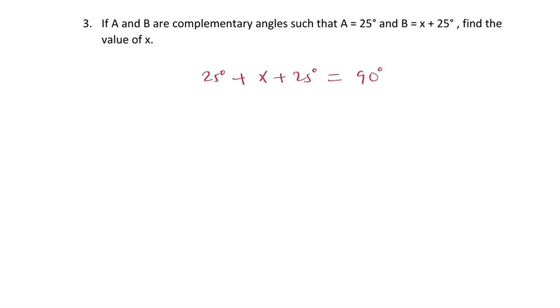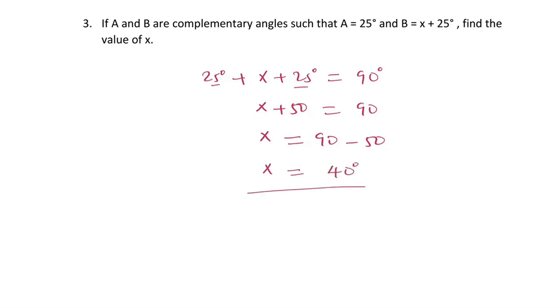Okay, so next let us add these two constants from our left hand side. Then we are having x plus 50 equals 90. Let us now collect the constant terms. Then our equation is going to be x equals 90 minus 50. Solving this, we are having x equals 40 degrees. And this is going to be our answer.